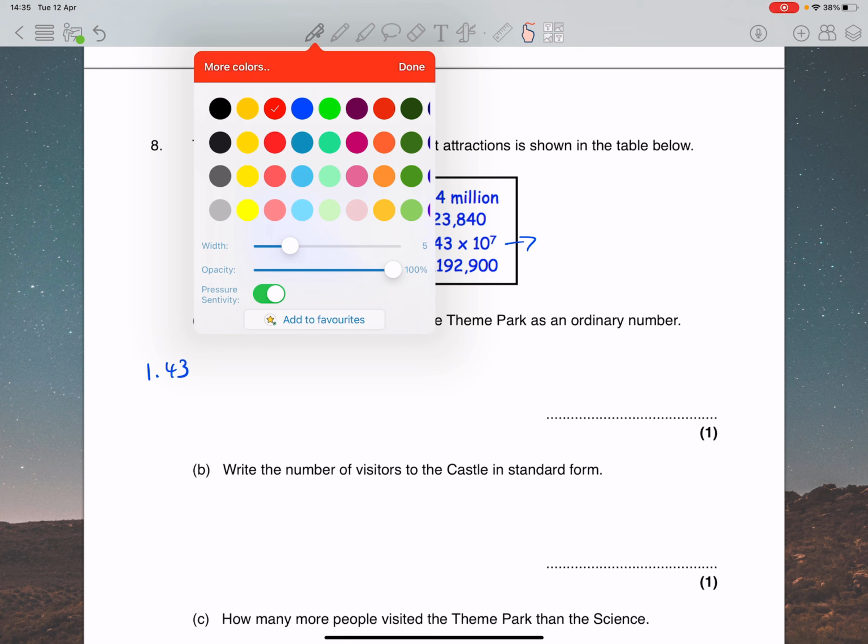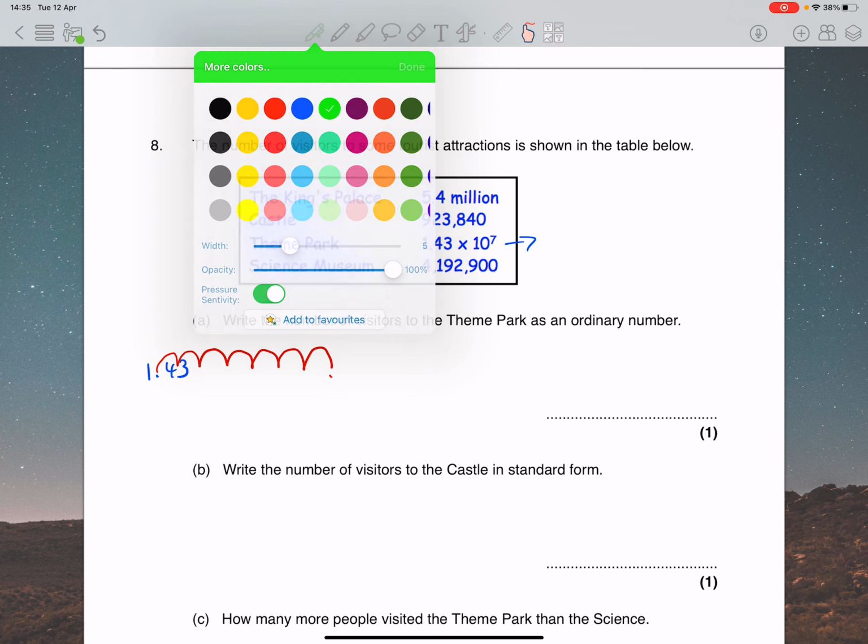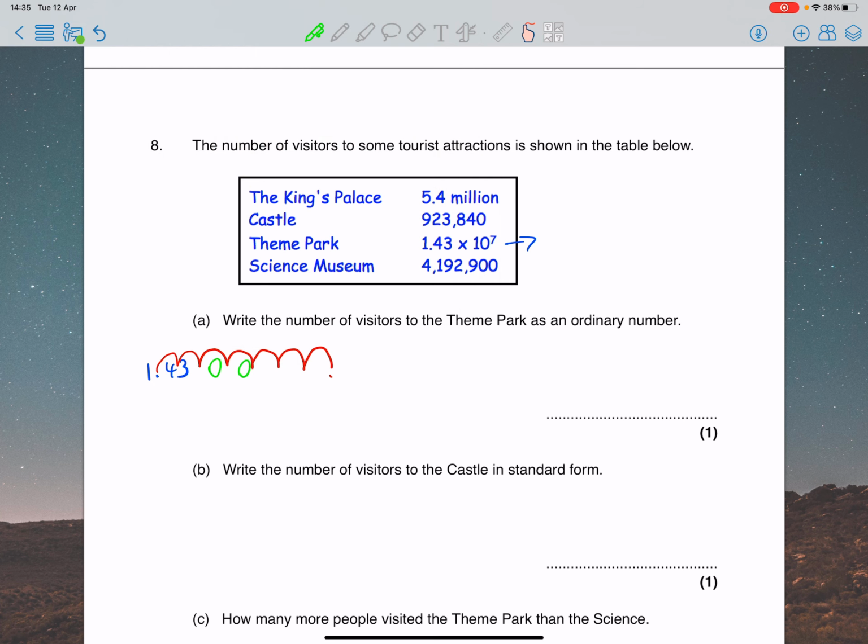So 1, 2, 3, 4, 5, 6, 7. Decimal point moves here now. And then we fill up the gaps with zeros. So our number is 14,300,000. And the decimal point at the end is just an ordinary number.